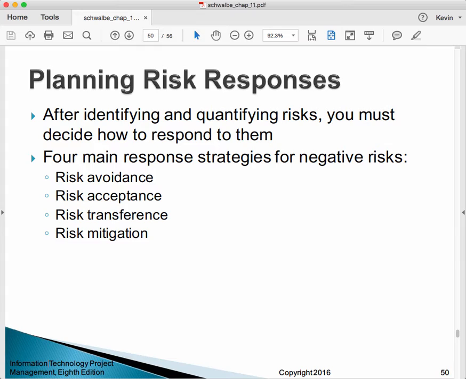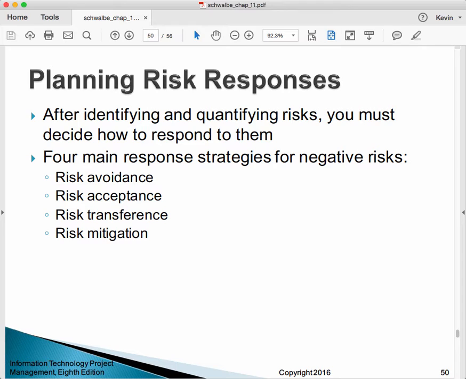Okay, so we don't have a slide for each one. So risk avoidance. Well, we're just not going to do that. So you go to your doctor and you say, doctor, when I stand on one leg and I hop up and down, it really hurts. And the doctor says, well, don't go like that. Okay, risk avoidance.